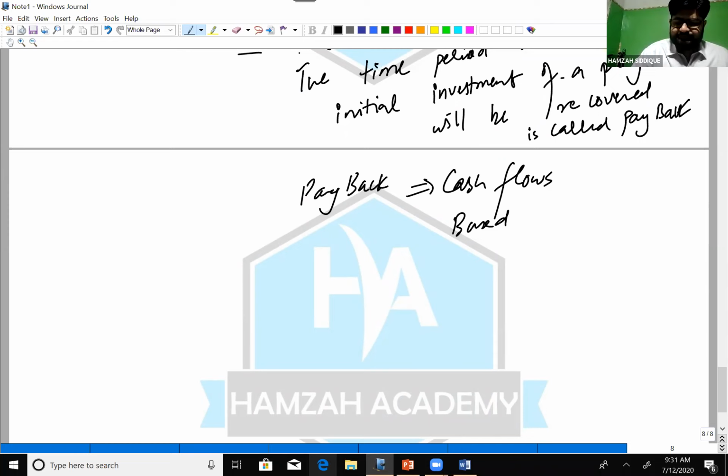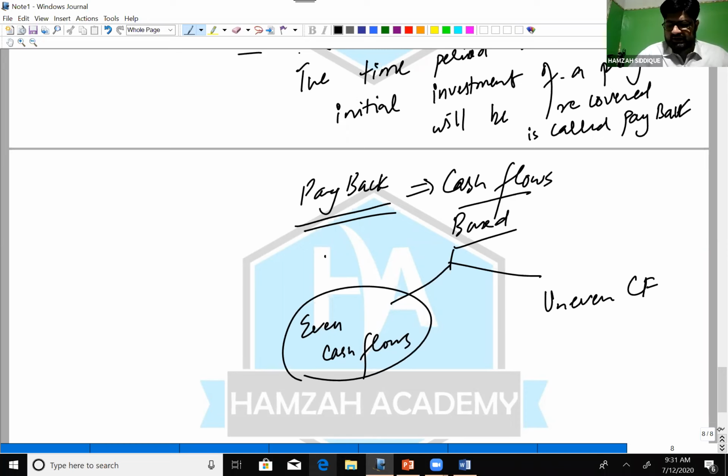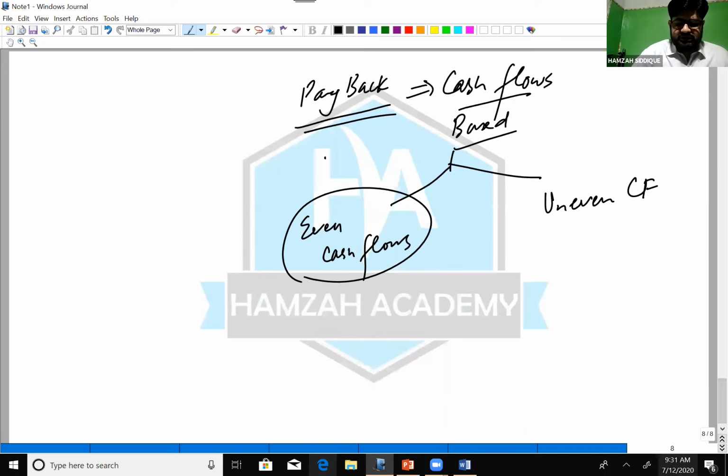So payback. Now, students, cash flows of the project can be even cash flows or uneven cash flows. Even cash flows means that the project is going to give the same cash flow every year.